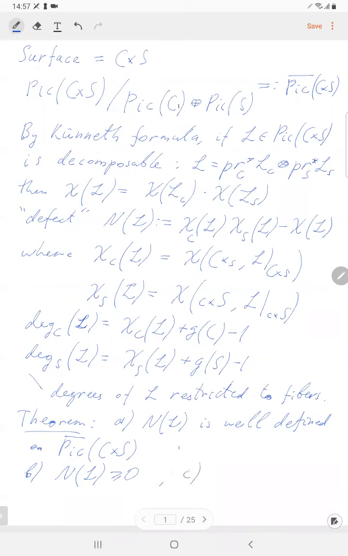And third, it is zero only for decomposable line bundles. If N of L is zero, then L is decomposable. Okay, so in other words, it defines some positive definite form, and then next theorem will prove that this form is quadratic.